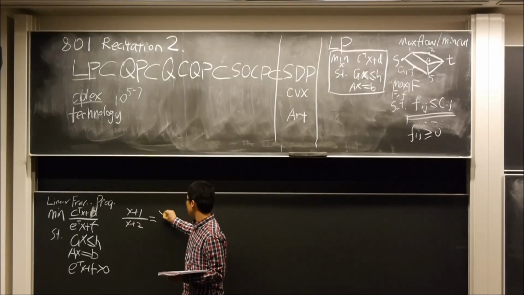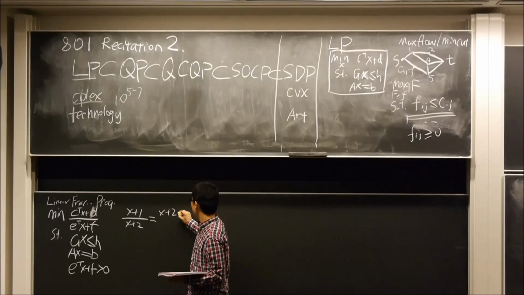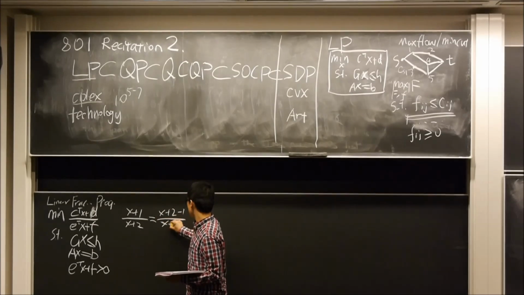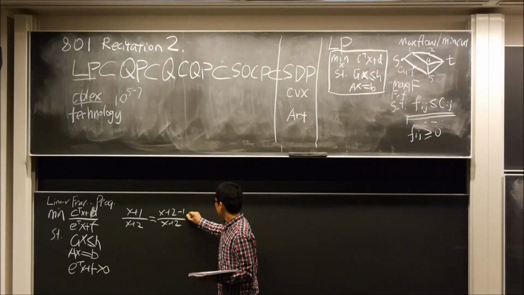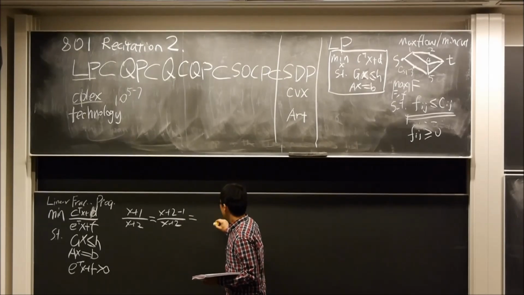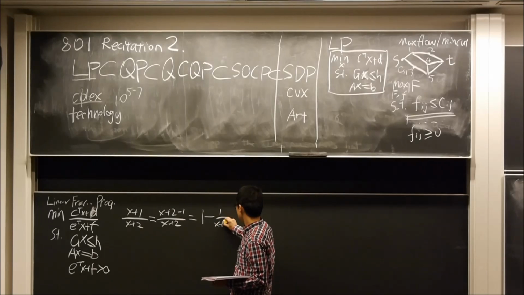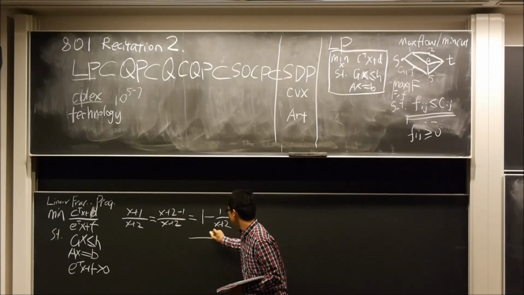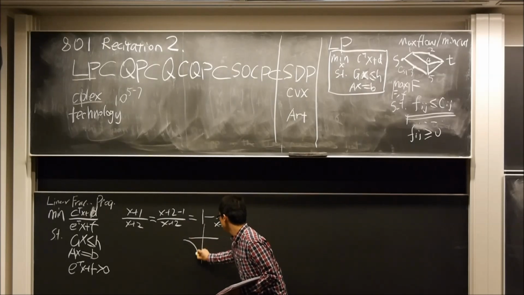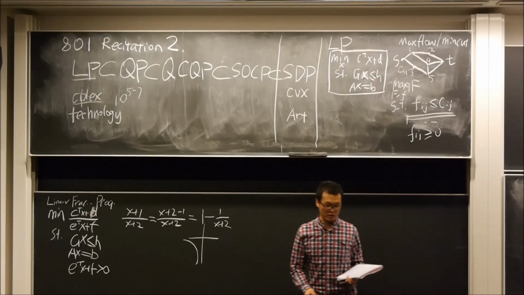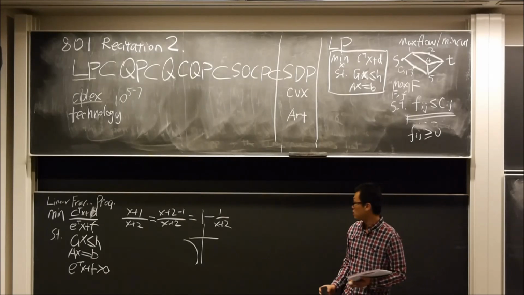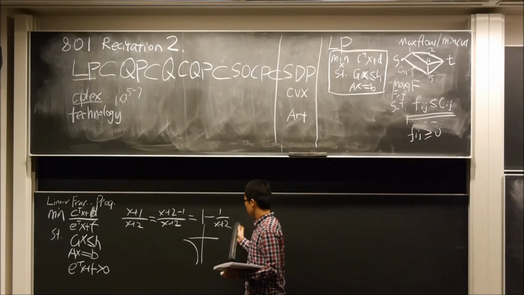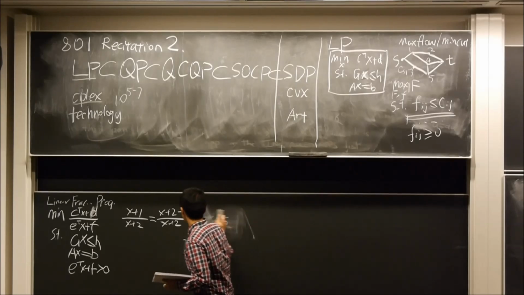Then I can transform it into (x+2-1)/(x+2), which equals 1 minus 1/(x+2), right? And this function looks like this. So it is a concave function instead of a convex function. Okay, let me just remove this.